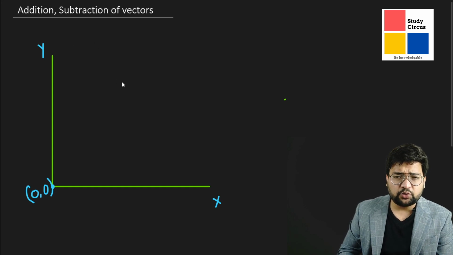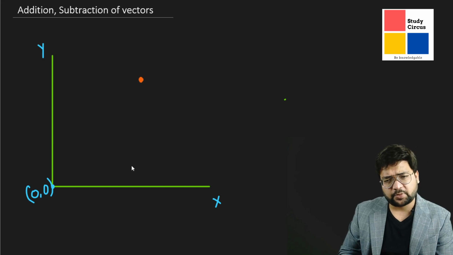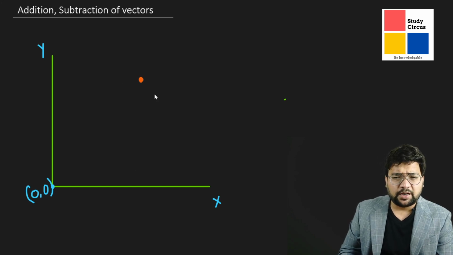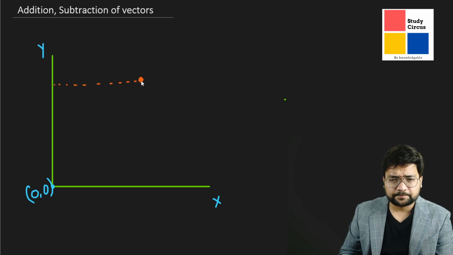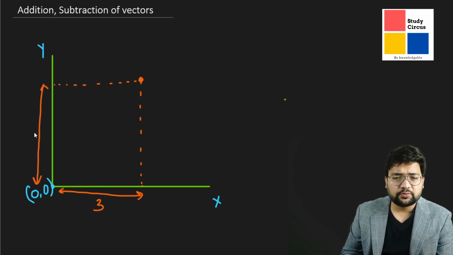So in the two-dimensional plane, let's take any point. Let's say this point is 3 along the x-axis, and this length is 4 meters, whatever units we are taking, let's say meters.